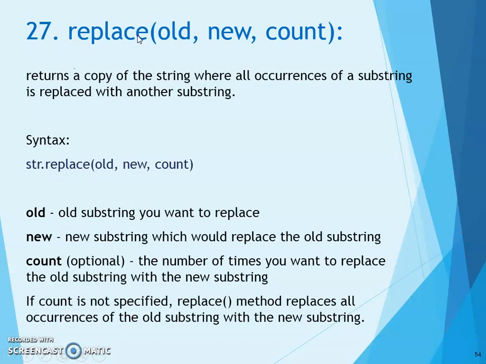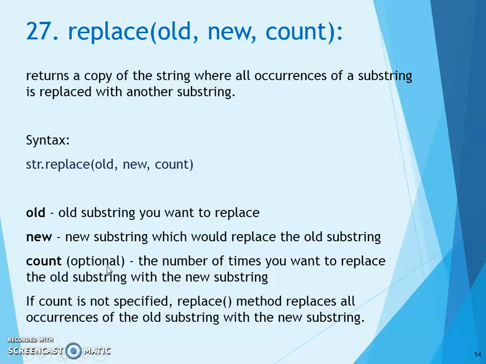This replace method returns a copy of a string where all the occurrences of a substring, that is the old substring, will be replaced with a new substring. This method is invoked by an object of a string, for example str, and the parameters we are passing are old substring, new substring, and count.